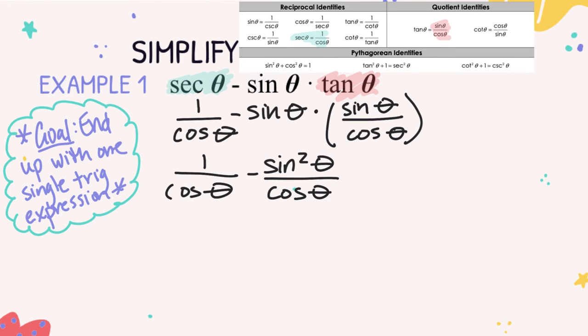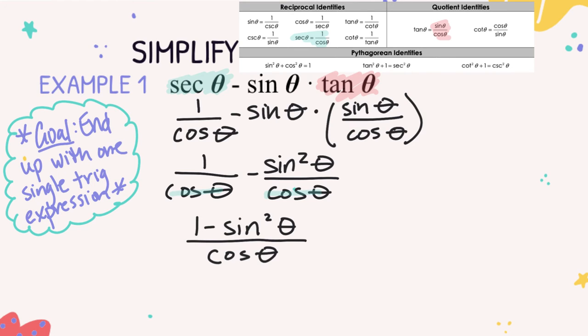Now I notice that my denominators are common, so I can combine the numerators. 1 minus sine squared theta over cosine theta.